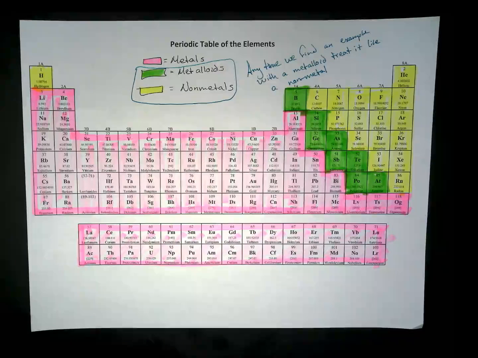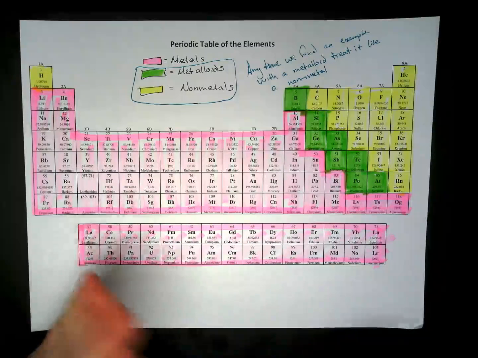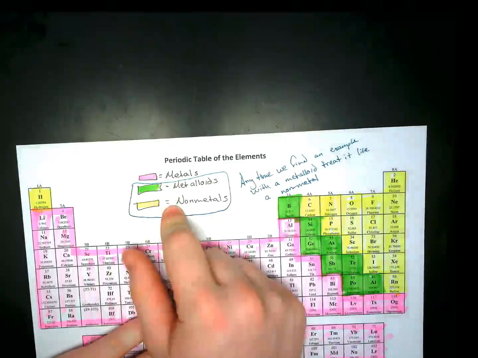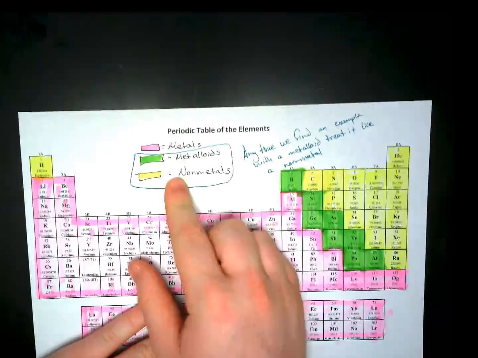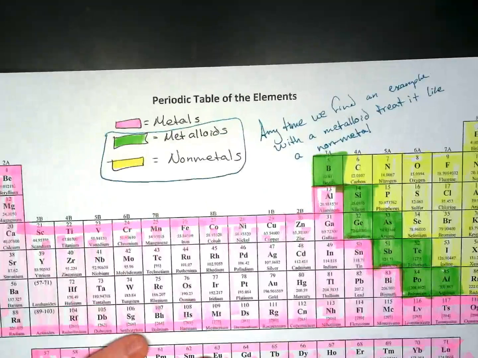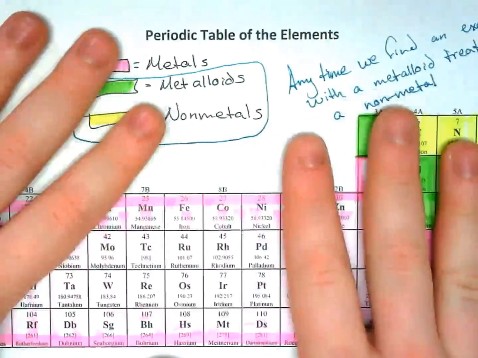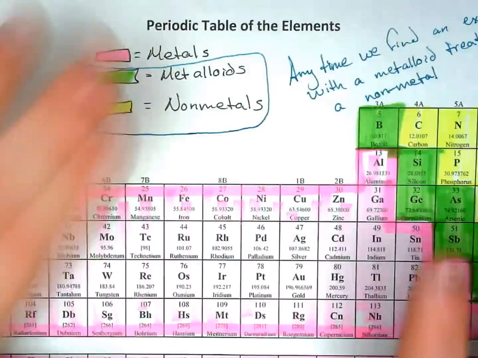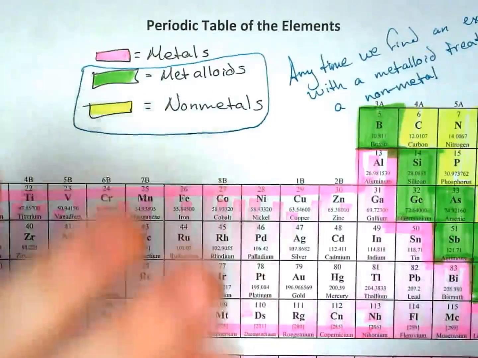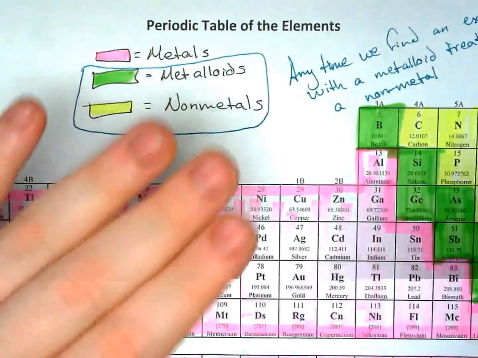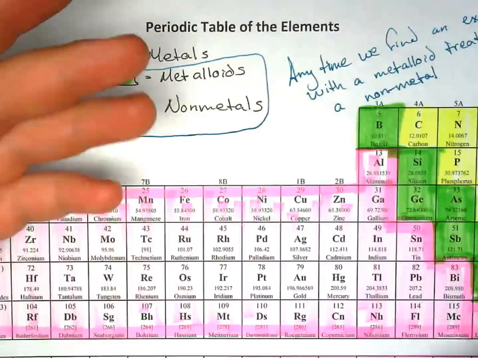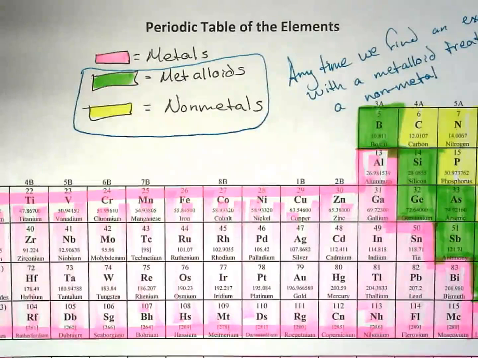Okay, so the last idea, after you've got this all colored in, when we are working with ionic bonds, you will be using this. This is very valuable because you will be given, as you'll see in the next notes, material, and you've got to determine if that is the anion or the cation, and this will definitely help you.